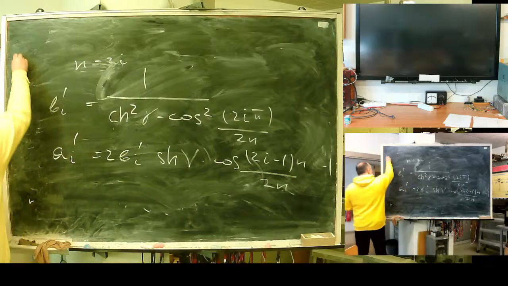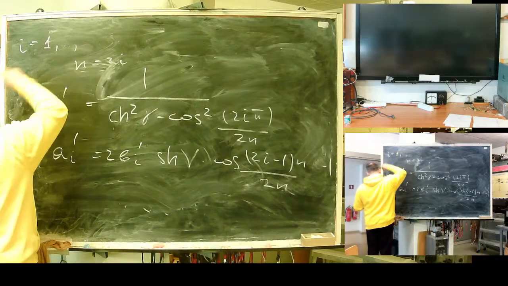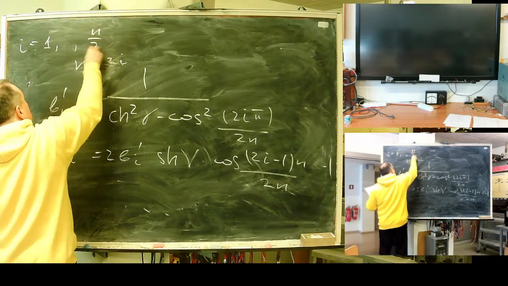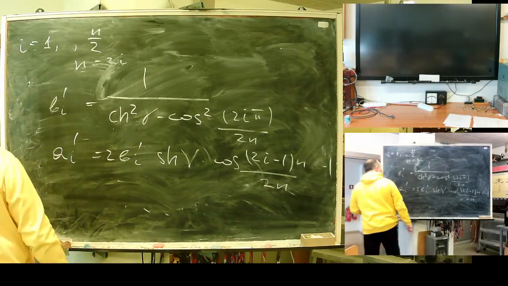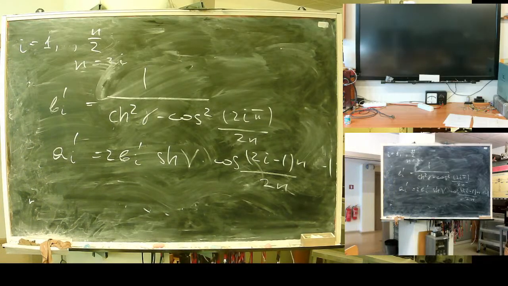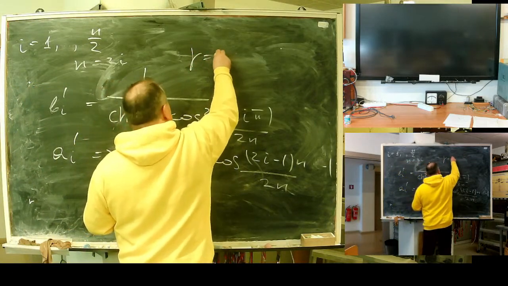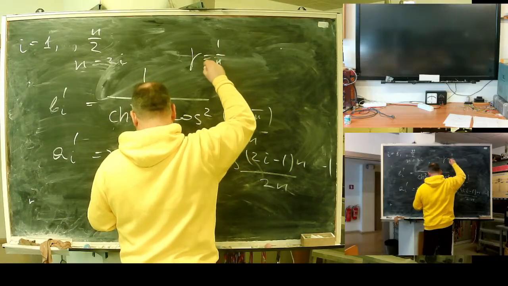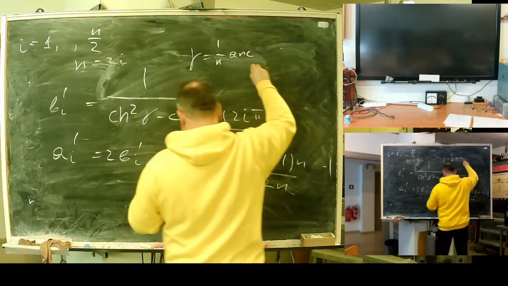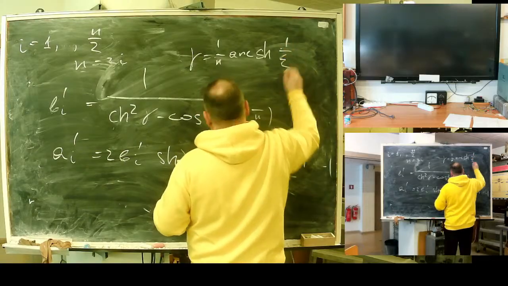All this for i starting from 1 to n divided by half. This is for odd. Yeah, gamma is 1 divided by the order, times arc hyperbolic sine of 1 divided by epsilon.